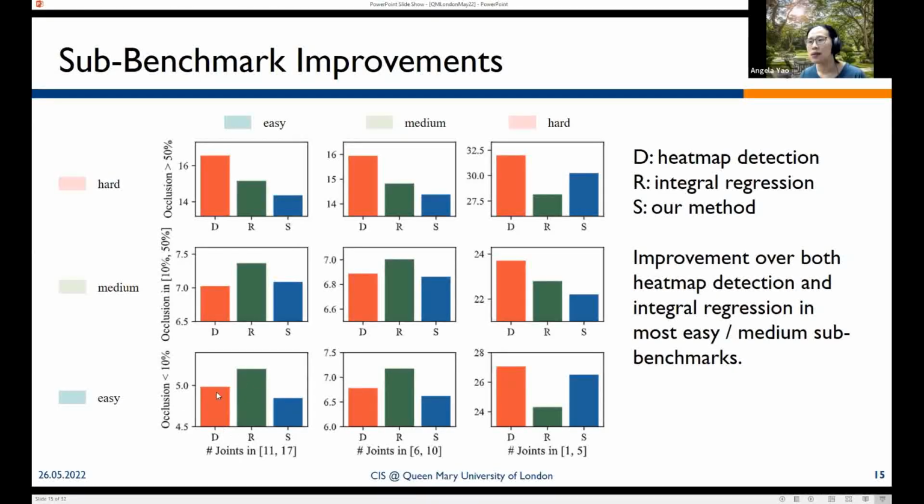In this easy setting, where there's very little occlusion and all the joints are present, regression does worse than detection. And S is our method, so we can actually push the error to be even lower than detection. Whereas in some of the harder settings, we improve upon the detection, but we're still not as good as regression.